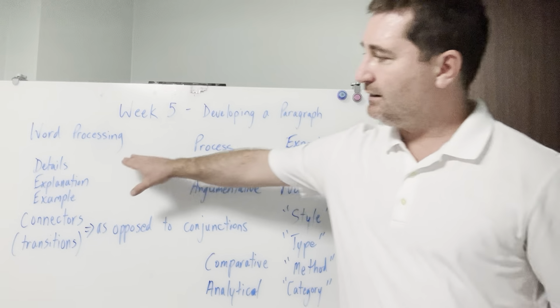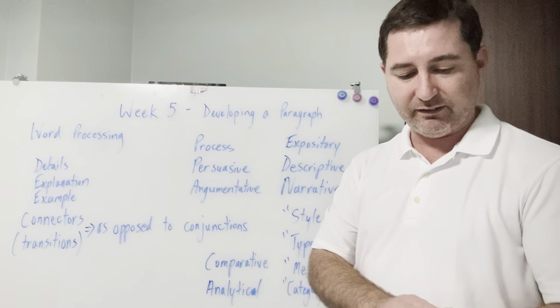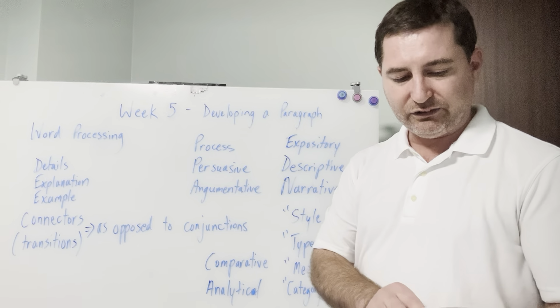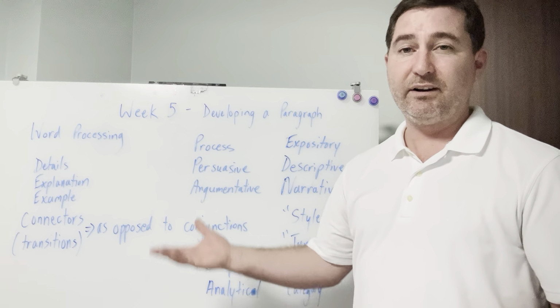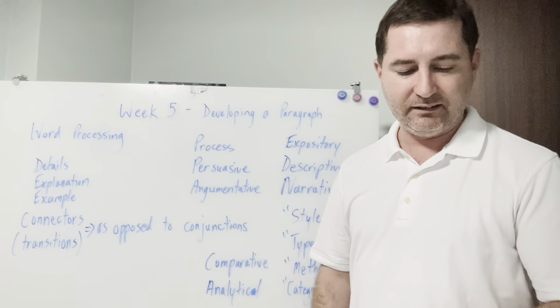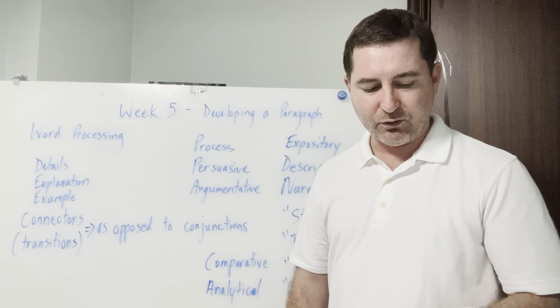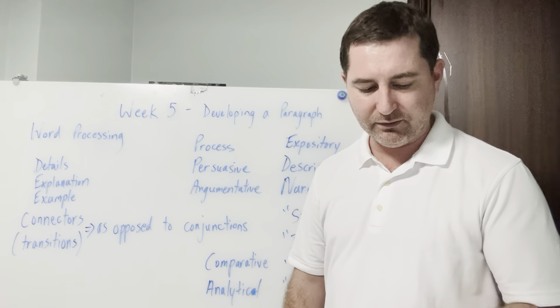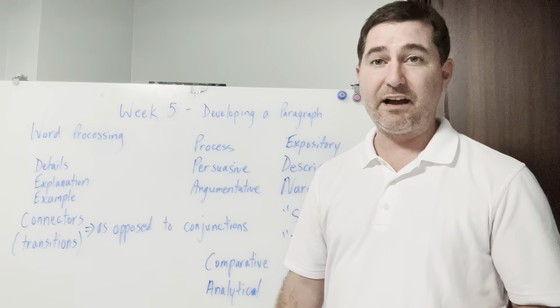So the details, or in this case, we're talking about ultra marathons. That's the title of the paragraph. It's got supporting details in imperial measurements and in metric measurements too. 26 miles or 42.2 kilometers. They can be like 1,000 kilometers long.